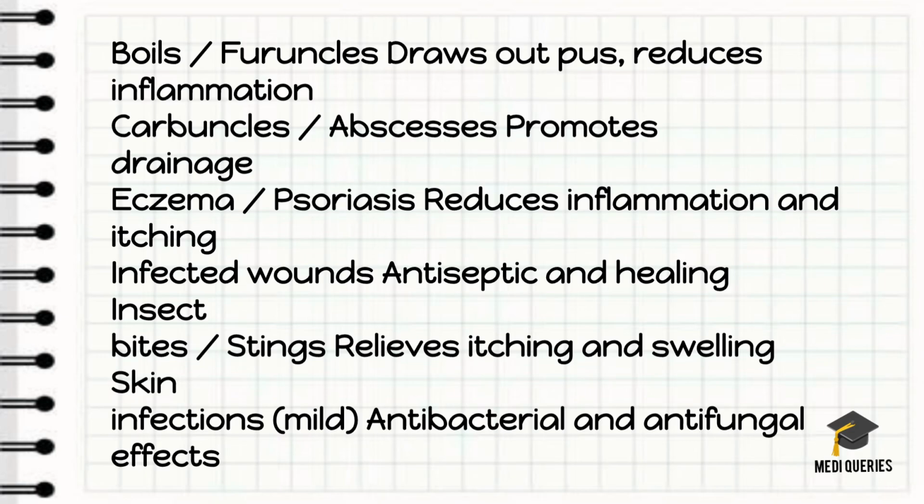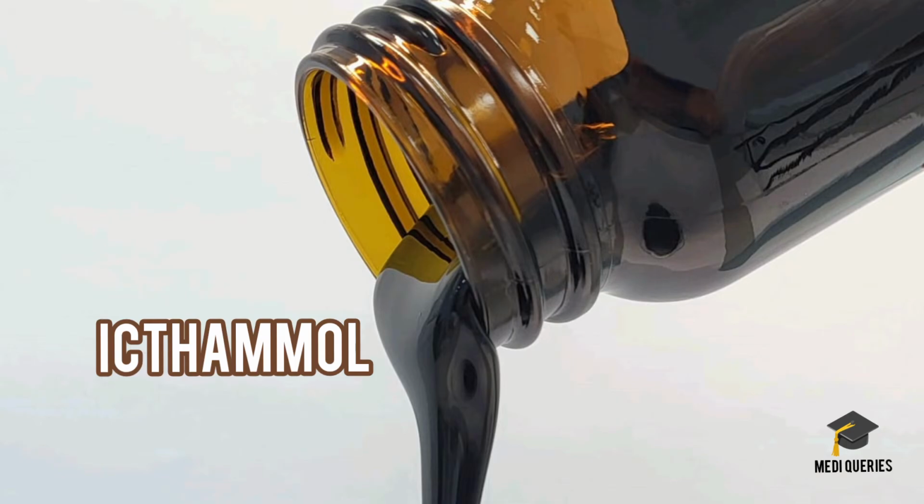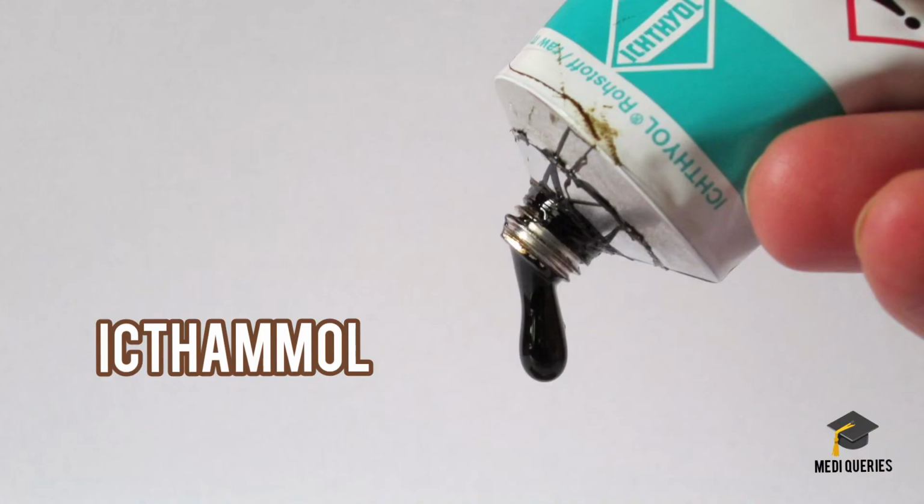So, what are the properties of this ecthamol jelly? Ecthamol possesses several unique properties that make it particularly useful in clinical practice. It is antibacterial, especially effective against gram-positive bacteria, and exhibits mild fungicidal and keratolytic actions. It also has a vasodilatory effect, which improves blood circulation to the affected area, enhancing the healing process.